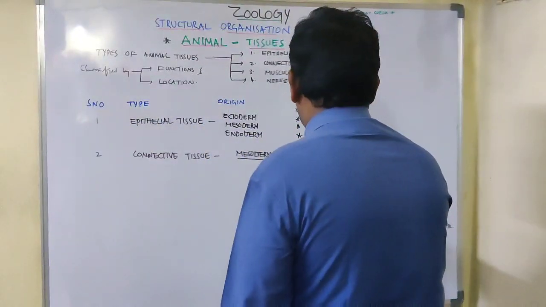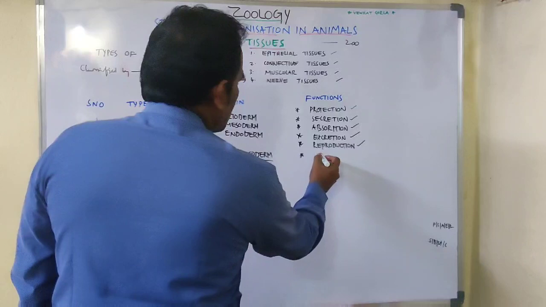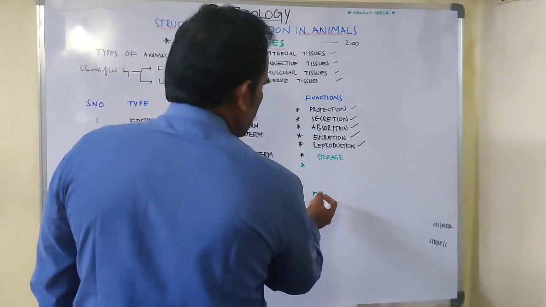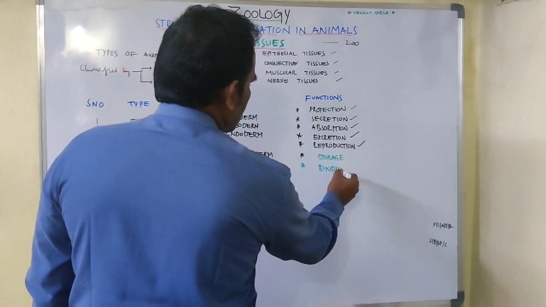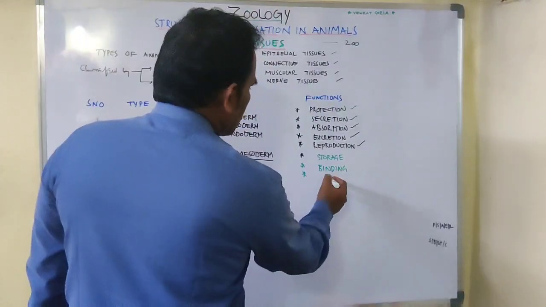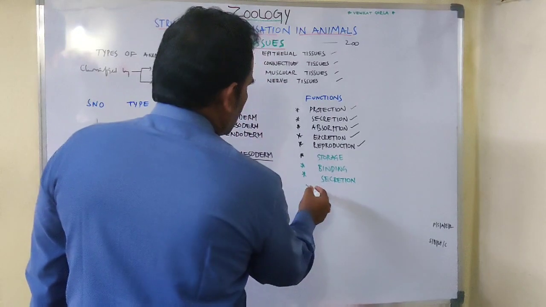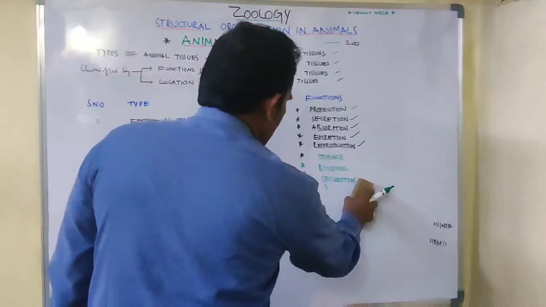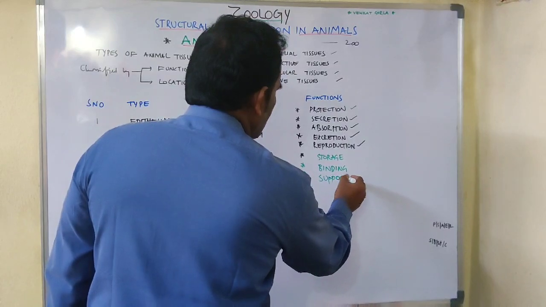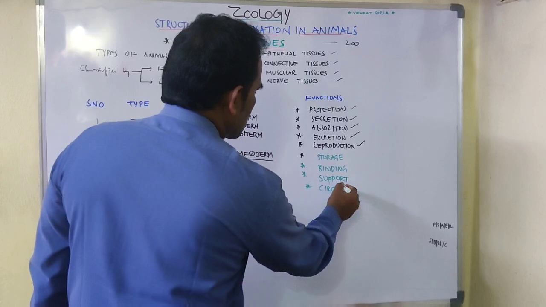The functions of the connective tissue are storage, binding of substances, organs, tissues and parts, and support. It gives a framework. Support, storage, circulation, which means transport.